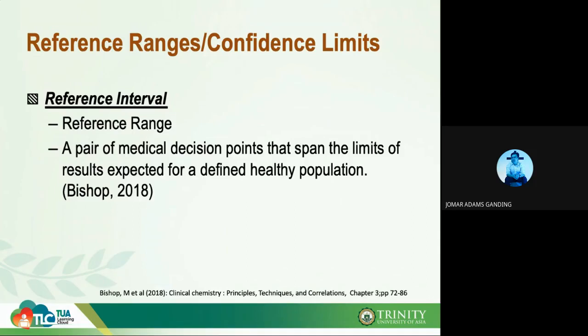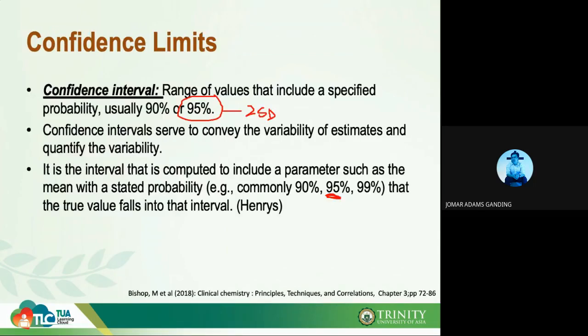How sure are we that our result was correct, or if we say that it is within the normal range, within the reference range, that the patient's condition is normal? How can we make sure of that? That is through the help of your confidence interval.